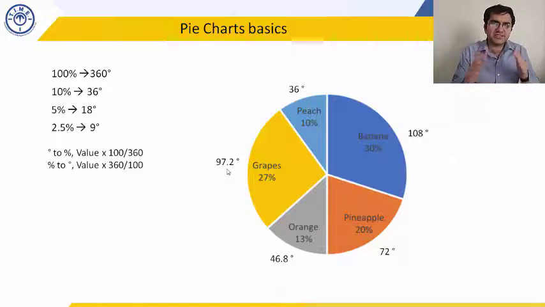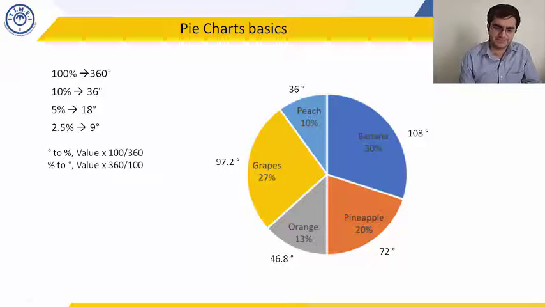So I'm sure you can see that this is much faster than multiplying each value by 360 by 100. 27% is 30% minus 3%, which corresponds to 108 degrees minus 10.8 degrees, which is 97.2 degrees.